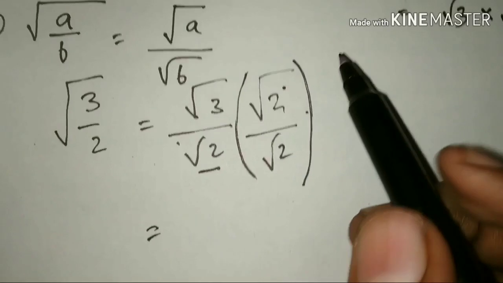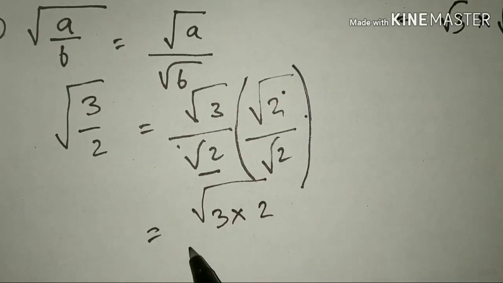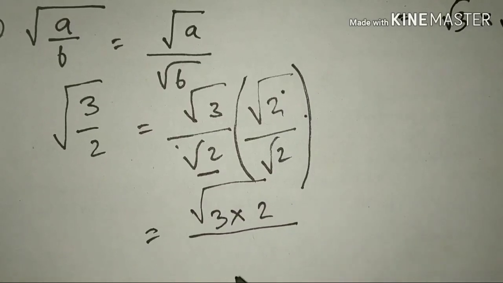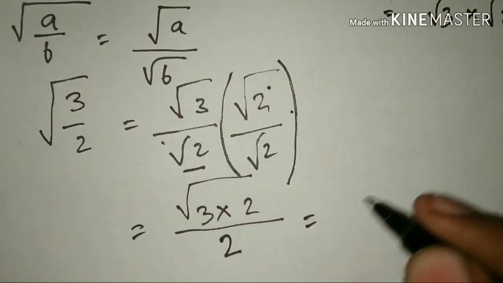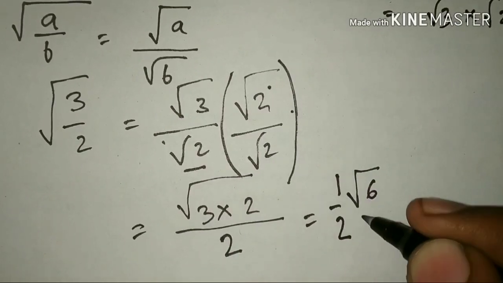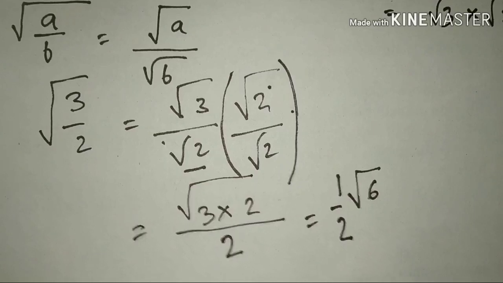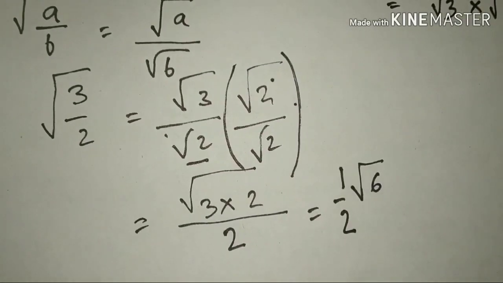Root 3 into root 2 is root 3 into 2, divided by root 2 into root 2, which is 2. So that's equal to root 6 by 2, or I say half of root 6. This method is called rationalization, which we need while doing the division of complex numbers.